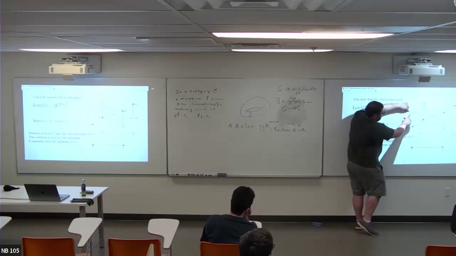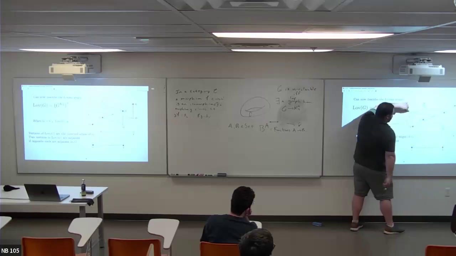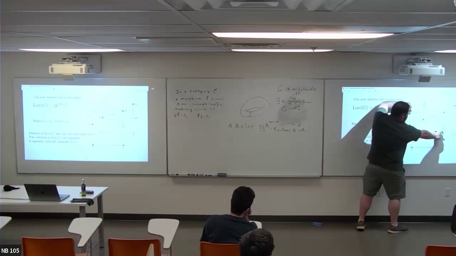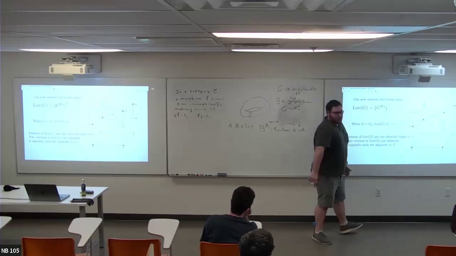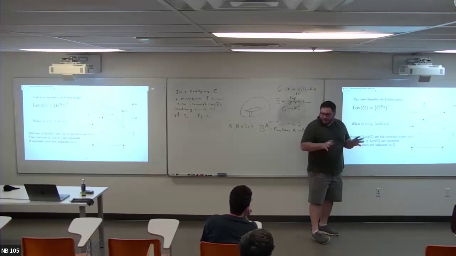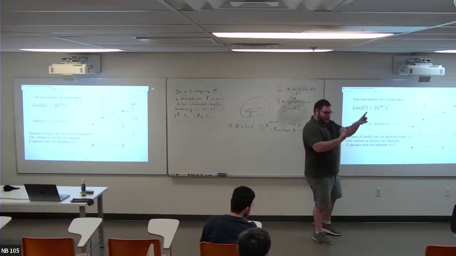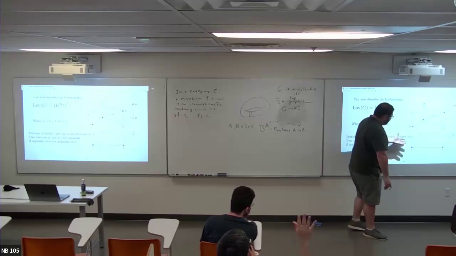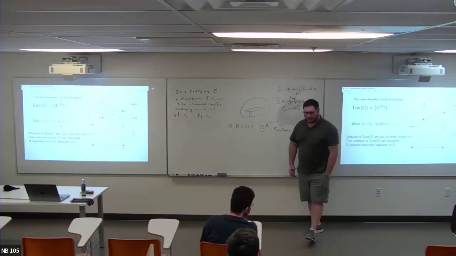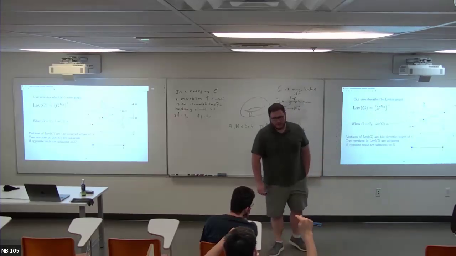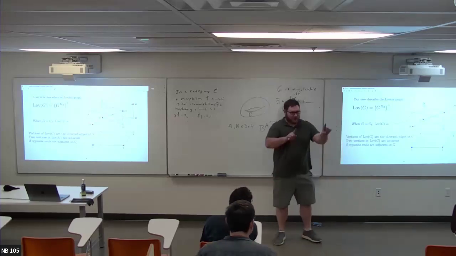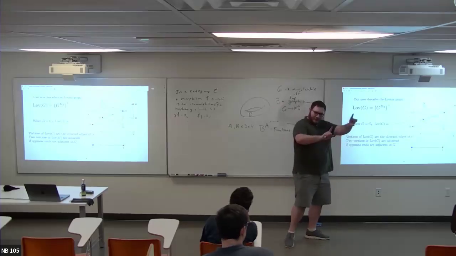Now, 1, 3 is not adjacent to 2, 4, because 1 is not adjacent to 4, and 3 is not adjacent to 2. Okay, so it's kind of this funny trick where you're looking at the different ones. But this gives you the Lovasz graph. Both of those have to be true. Yeah, it's not enough for one of them to be true. You have to look at both of the opposite vertices.